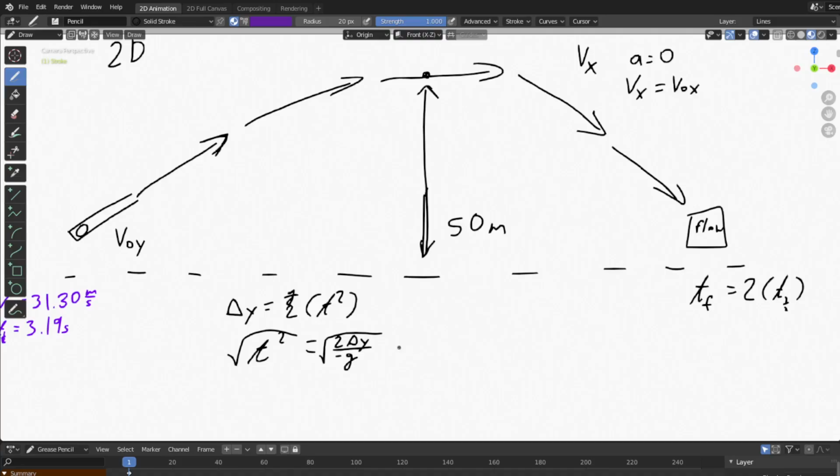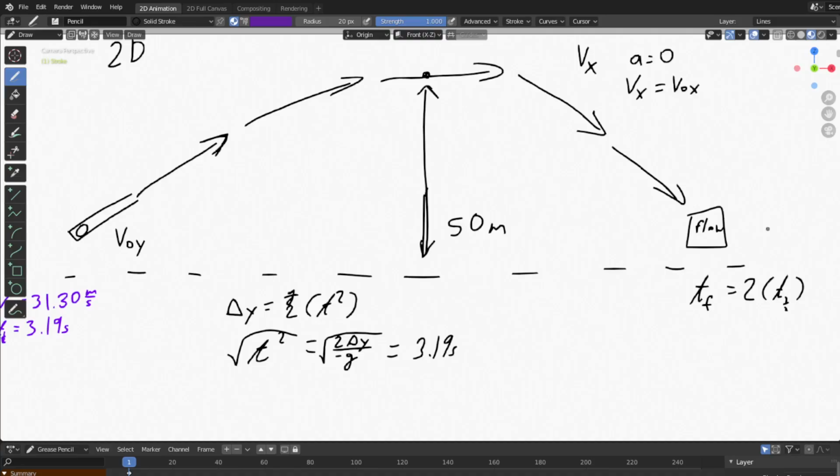So we do that, equals, 2 times 50 divided by 9.8, square root of which is also 3.19 seconds.